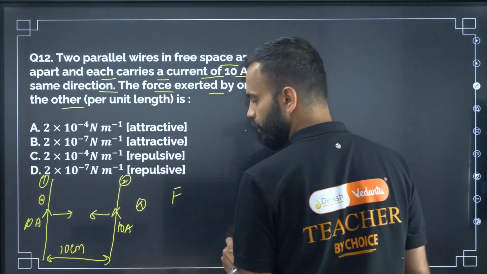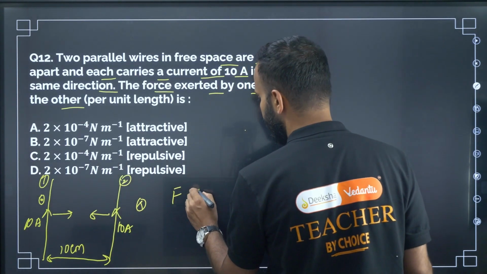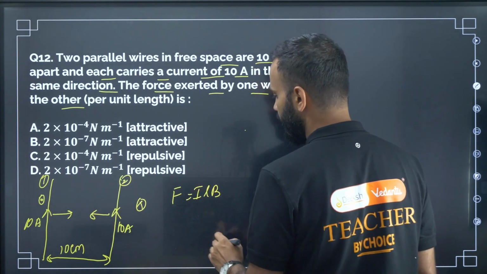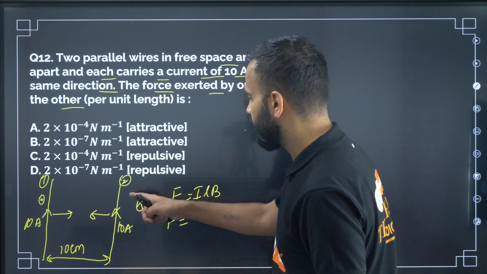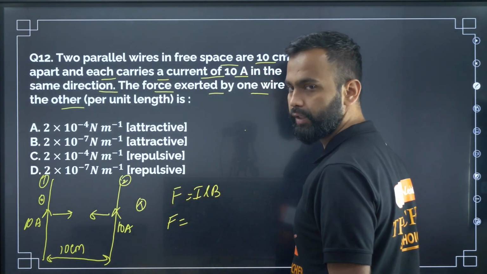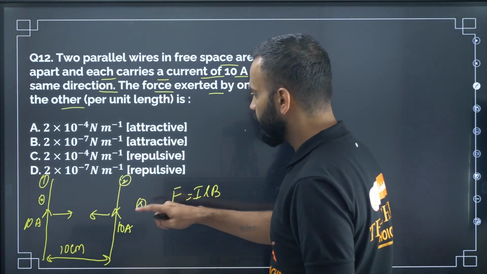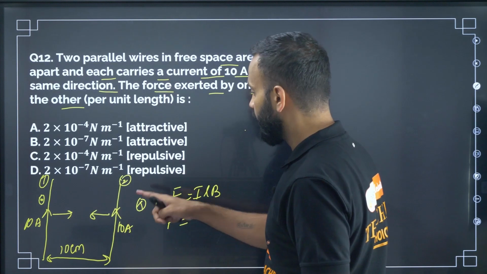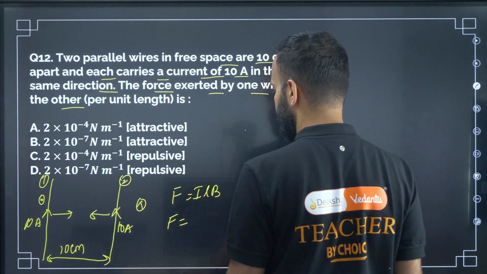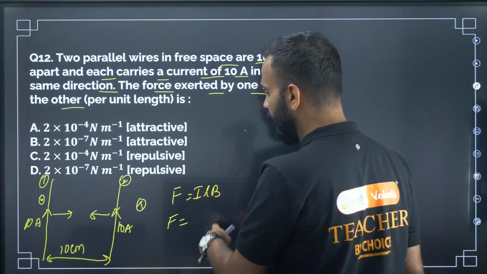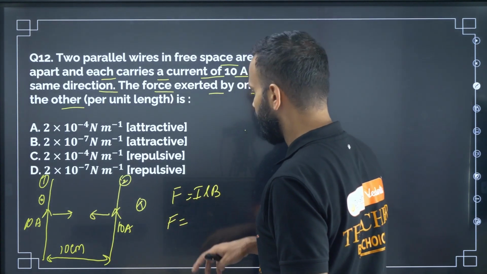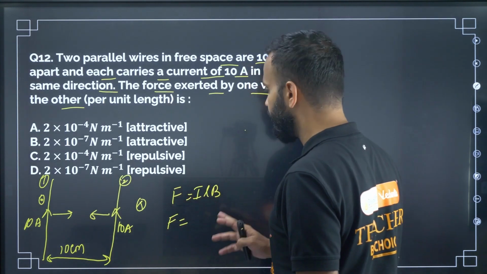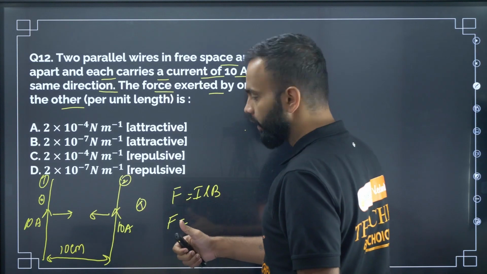Now the force due to a current carrying wire is F equal to ILB, right? Here I is the current in the second wire, L is the length of the second wire, and B is the magnetic field due to the first wire.